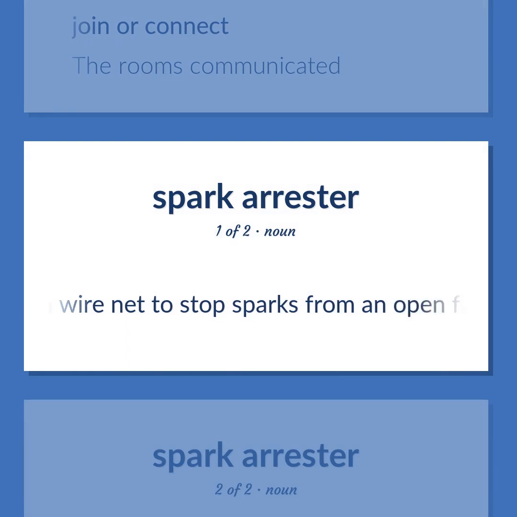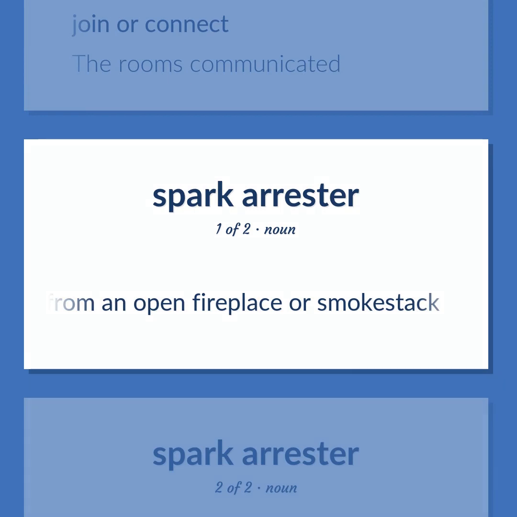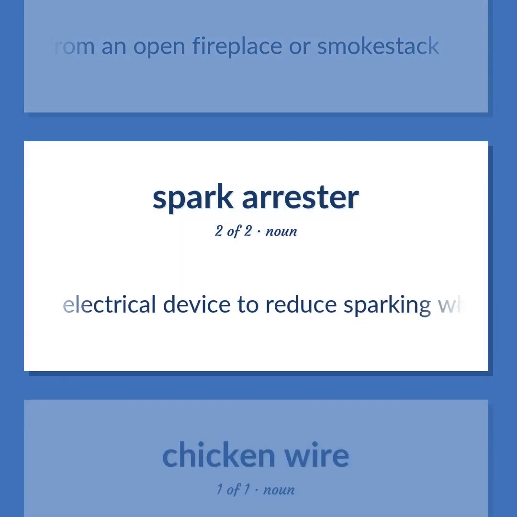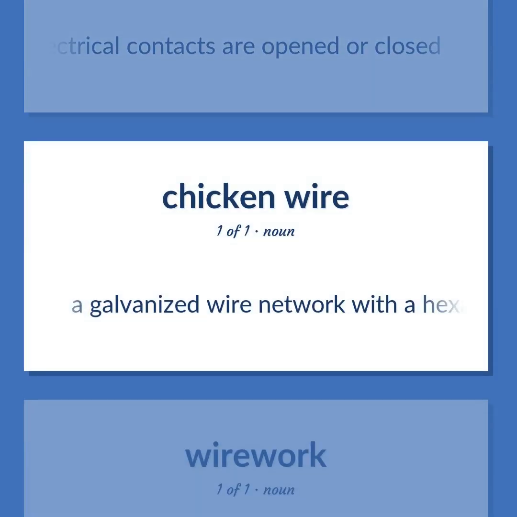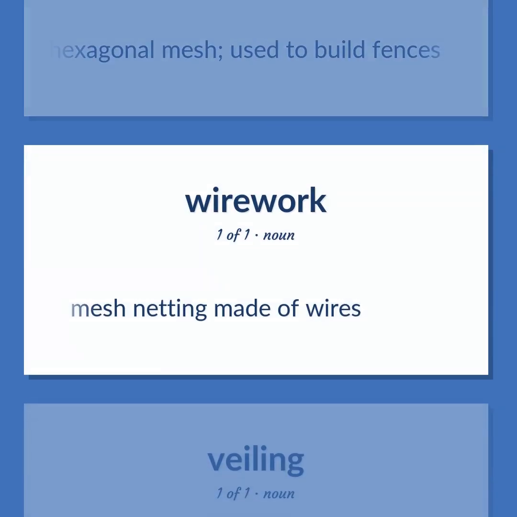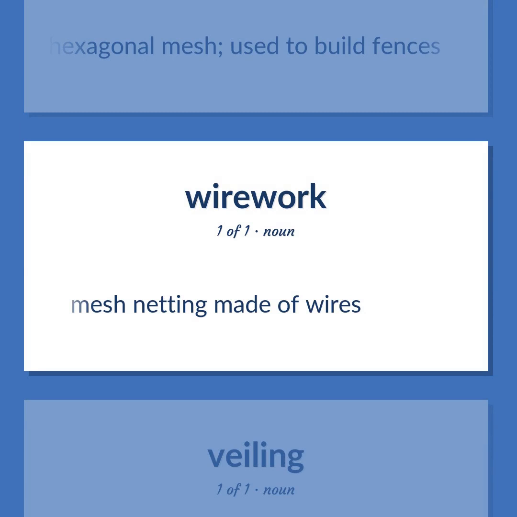A wire net to stop sparks from an open fireplace or smokestack. Electrical device to reduce sparking when electrical contacts are opened or closed. A galvanized wire network with a hexagonal mesh, used to build fences. Mesh netting made of wires.